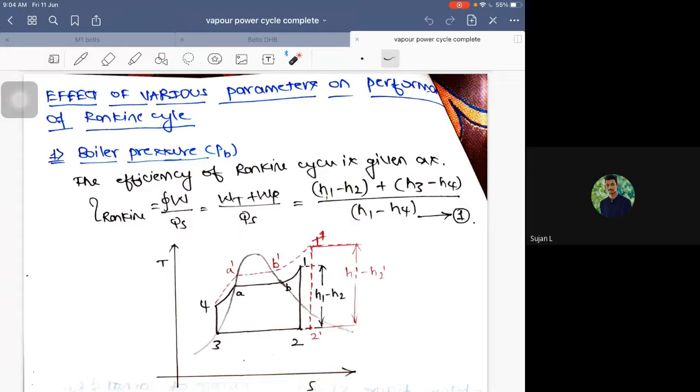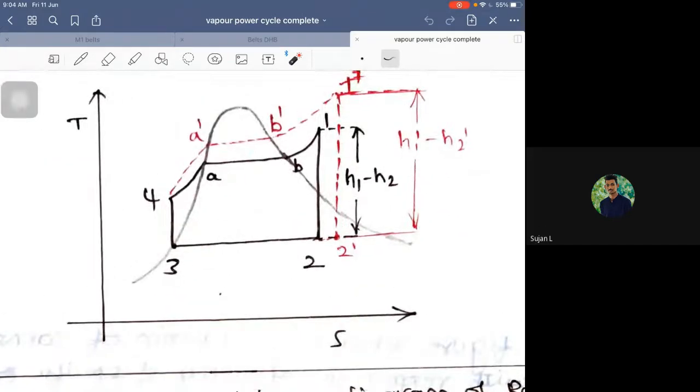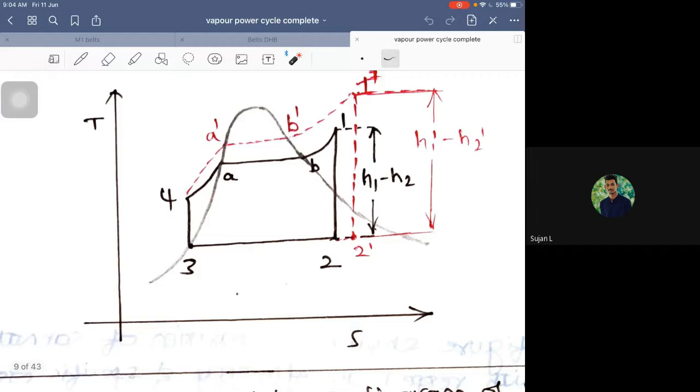For example, if you look at this particular TS diagram, I told you all these are isobars, isn't it?